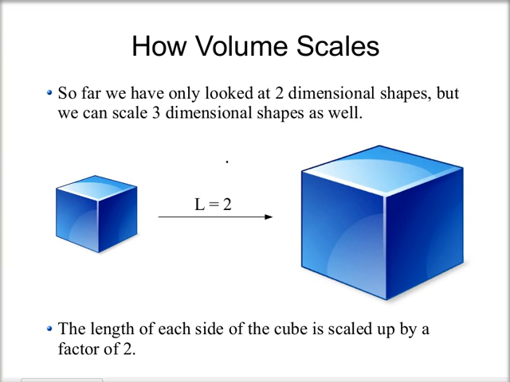So we've just looked at two-dimensional shapes so far, but we can also scale three-dimensional shapes. Here I've got a three-dimensional cube, which I've scaled with a linear scaling factor of L. So if the length of the sides of this small cube were 1, then I've scaled it up here, so the length of the sides of the large cube is 2.